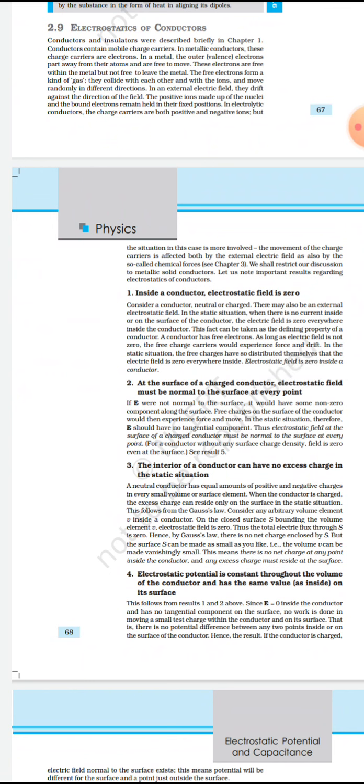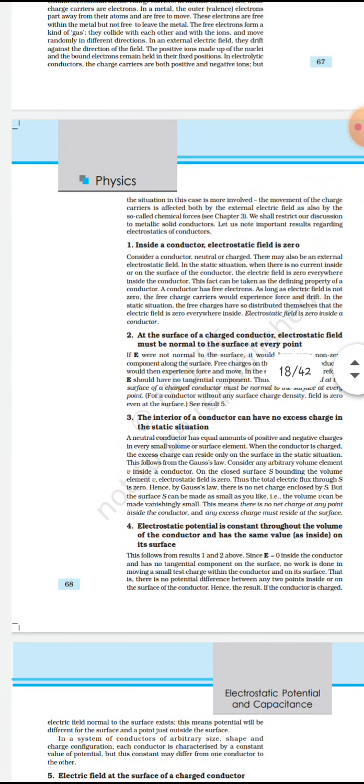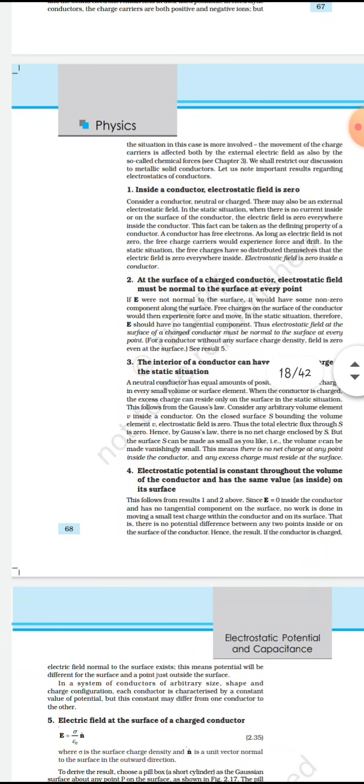If E were not normal to the surface, it would have non-zero tangential components, and E should have no tangential components. Thus the electrostatic field at the surface of a charged conductor must be normal to the surface at every point.